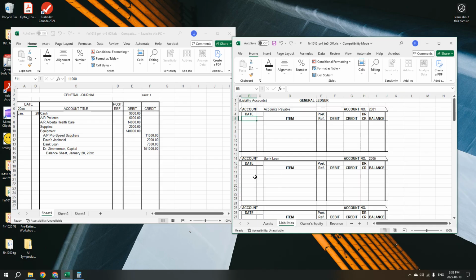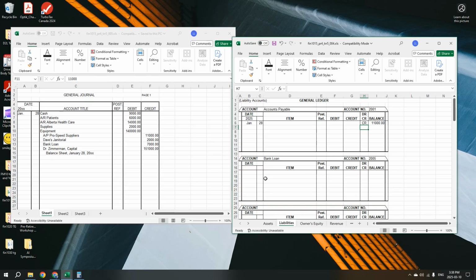So for liabilities, the first one is accounts payable, Proceed Suppliers. Again, we're in 2025, January 28th, and the number here is 11,000. Now, this is a credit balance because it's a liability. All right, so keep that in mind.